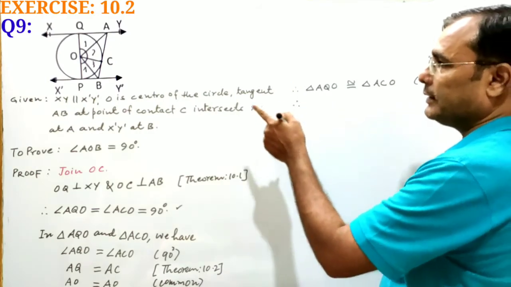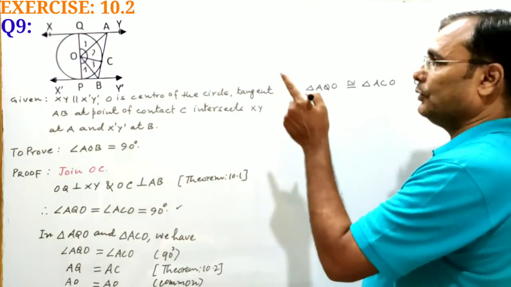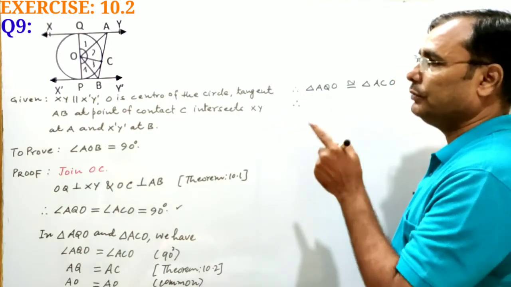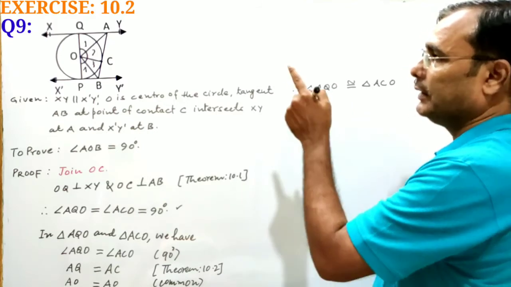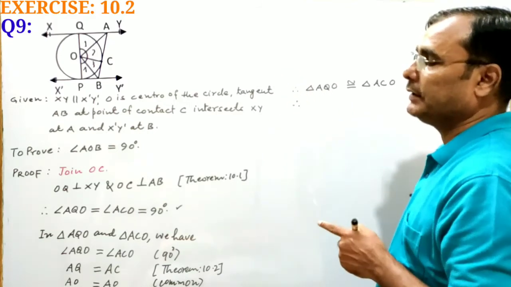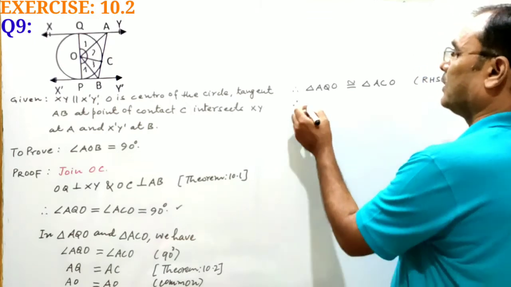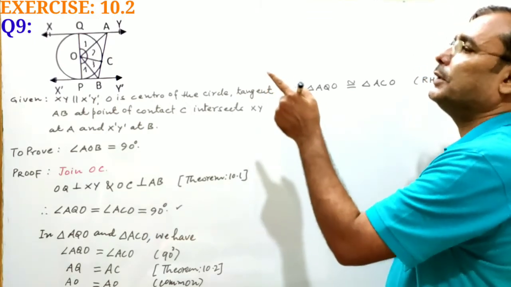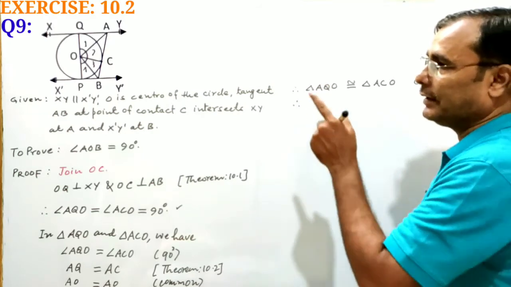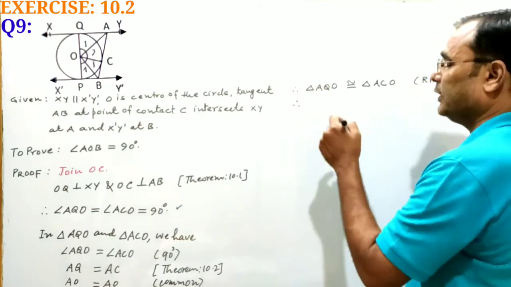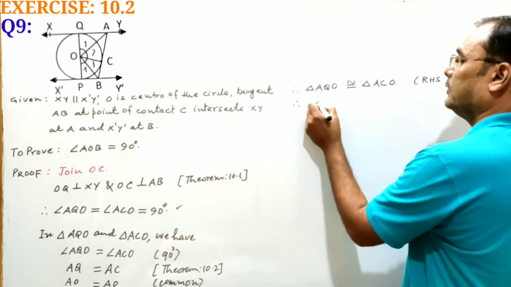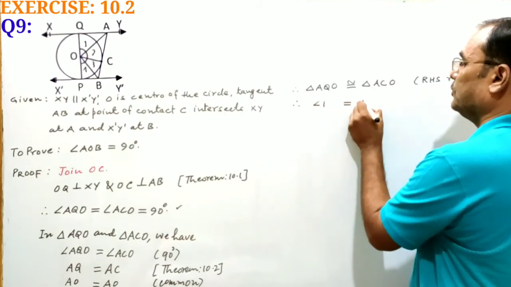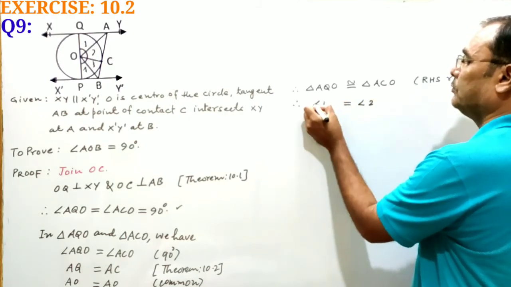Let us write these angles as angle AOQ, let it be angle 1, AOC, let it be angle 2, and similarly other angles as angle 3 and 4 as shown in this figure. So angle 1 is equal to angle 2.